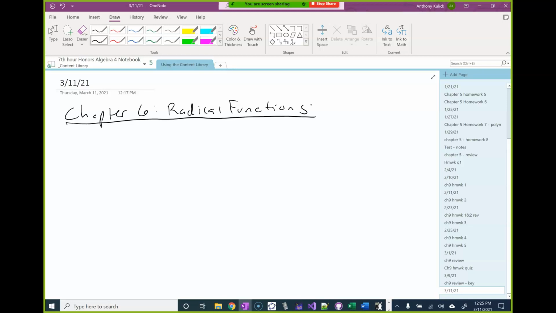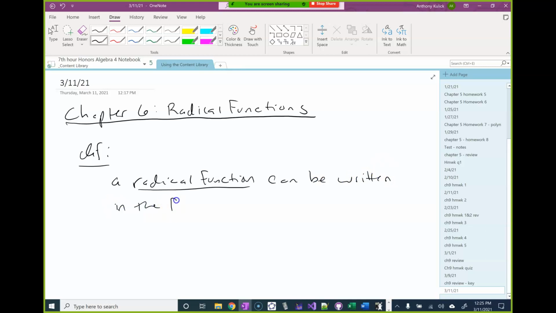So when we say a radical function, what we mean is something that can be written in the form y equals a times the nth root of x minus h plus k.